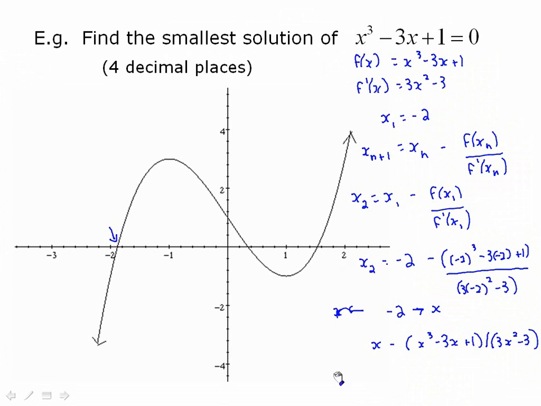And you should get your x2 is equal to negative 1.8888, etc. So we're looking for a match. Make sure you store that into your x again. And now use your entry key twice, then enter.